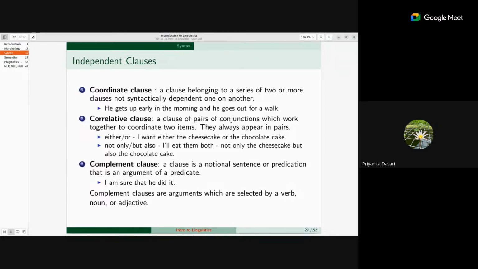And a complement clause is a sentence or predication that is an argument of the sentence, like "I'm sure that he did it." Here "that he did it" is a complement clause, an argument selected by the verb or a nominal adjective.